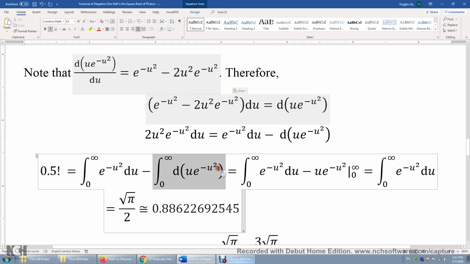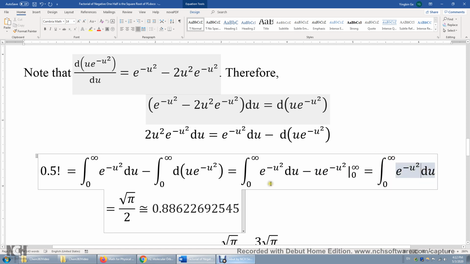All right, this part is simply 0. Why? The integral of the exact differential of a function is this function itself, right here. We plug in 0 and infinity. When u is 0, this function is 0. When u is infinity, this function is still 0. So this function disappears. So 0.5 factorial is simply the integral of this Gaussian function from 0 to infinity.